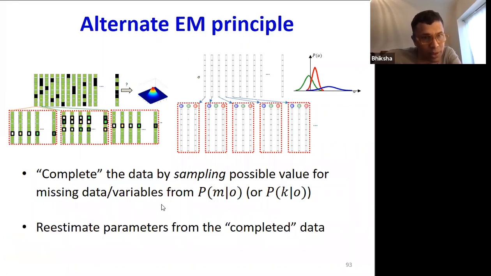And so this gives us this new mechanism, which is also EM. You complete the data by sampling possible values for the missing variables, and then re-estimate the parameters from the completed data, right?